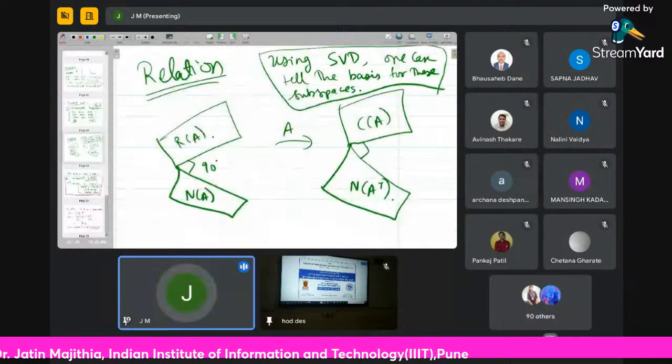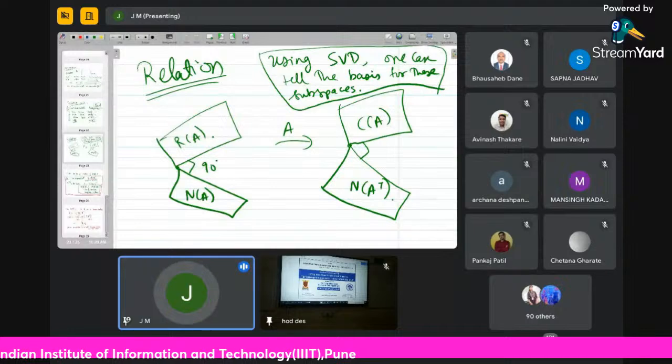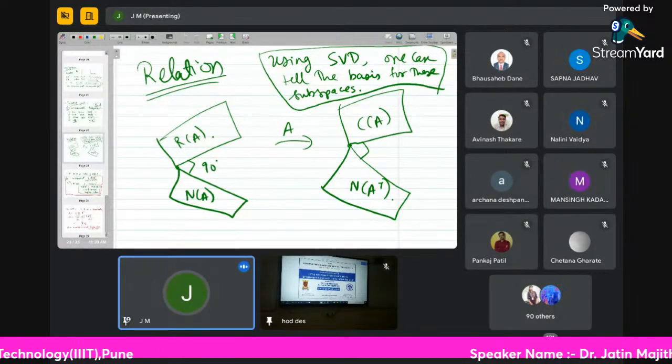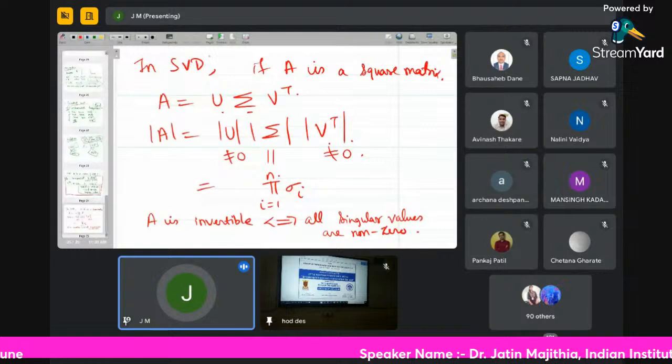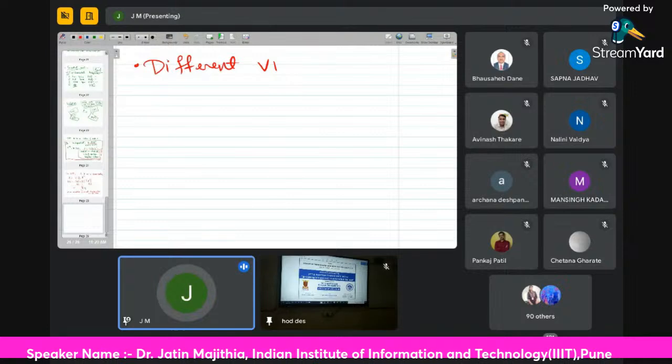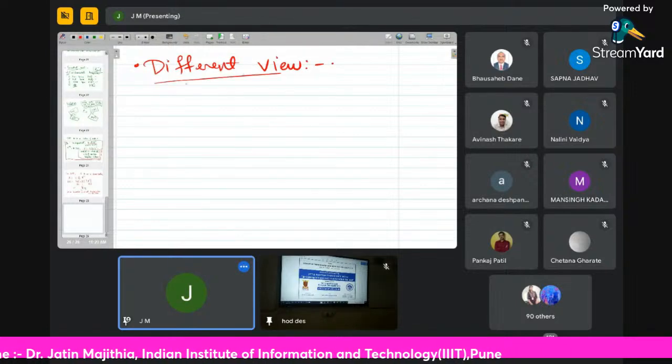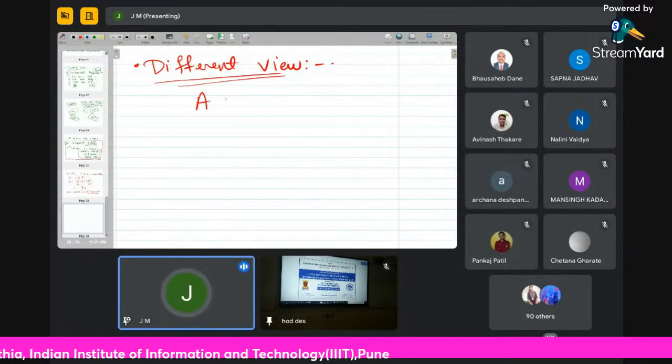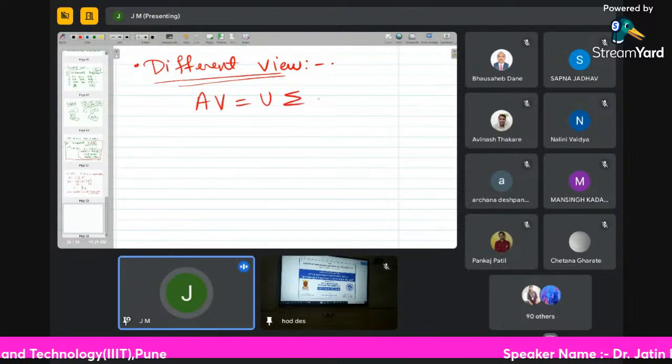Where were we? We were at these fundamental subspaces. What are the bases for the row space, column space, null space, and the left null space? You can recall we started with this different view. I know that A V is U sigma.